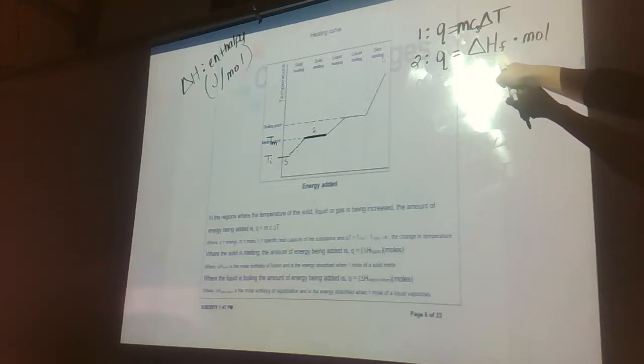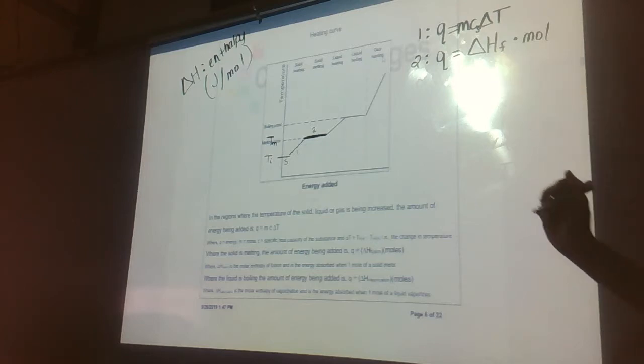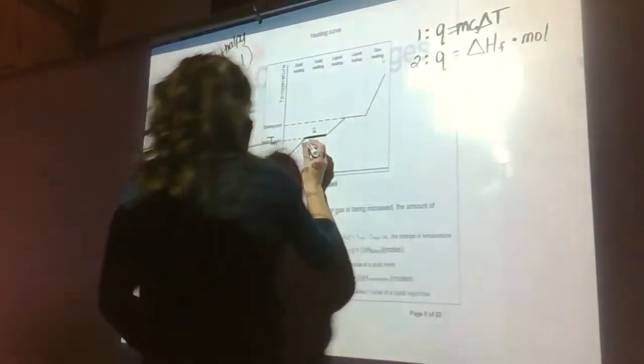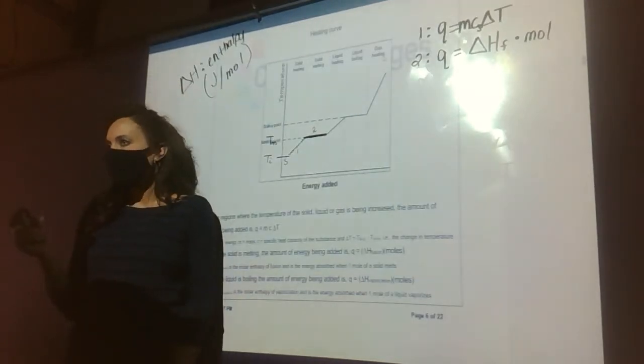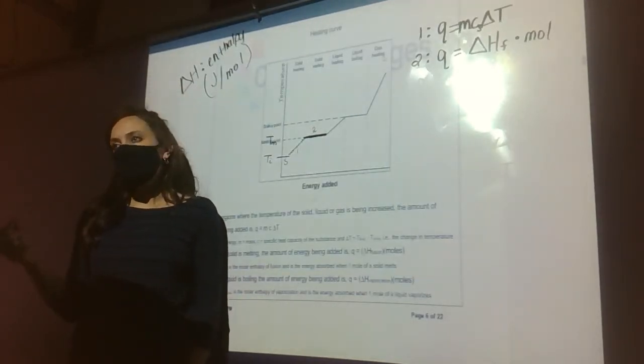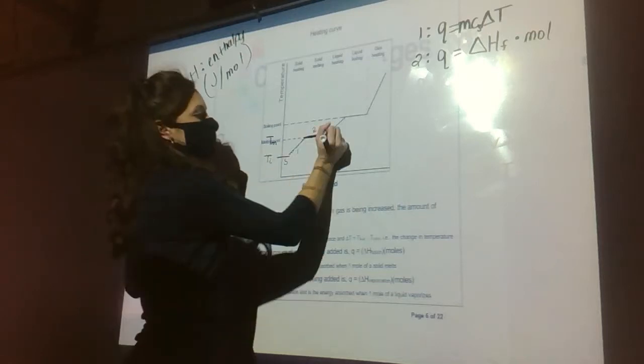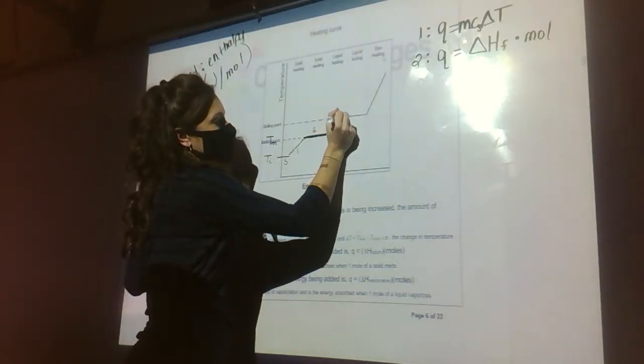The enthalpy of fusion, fusion is a fancy word for melting. You only use this when something's melting. And it's the energy added per mole. All right? As the line is flat, I'm going from solid to liquid. Once all of my material becomes a liquid, I start to see a temperature change again.